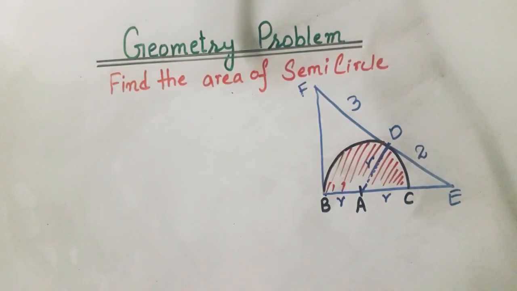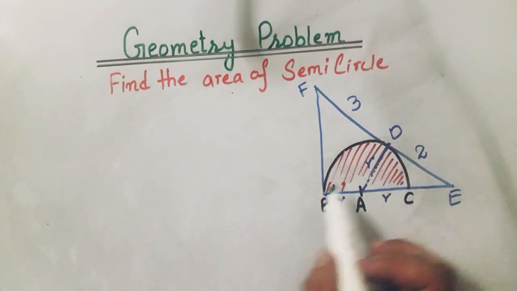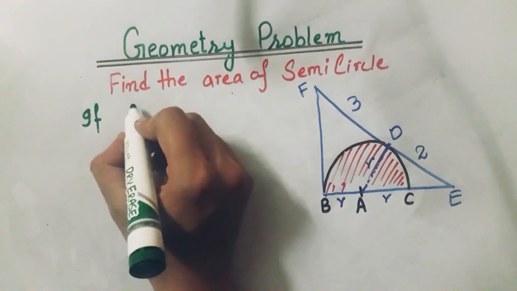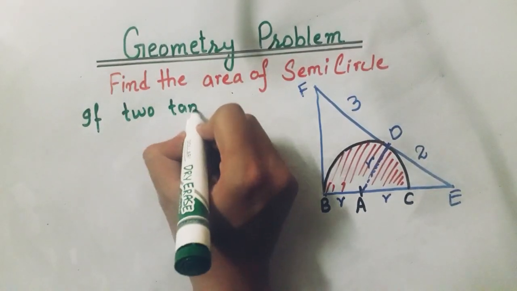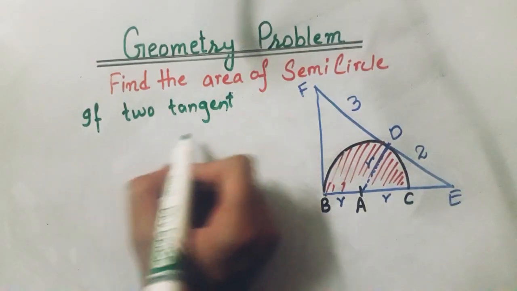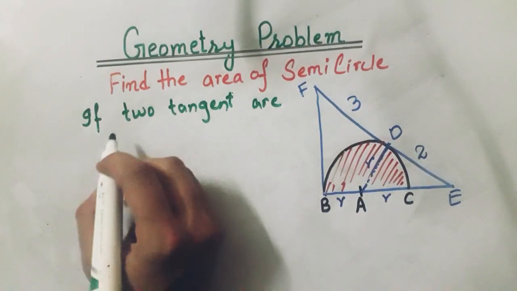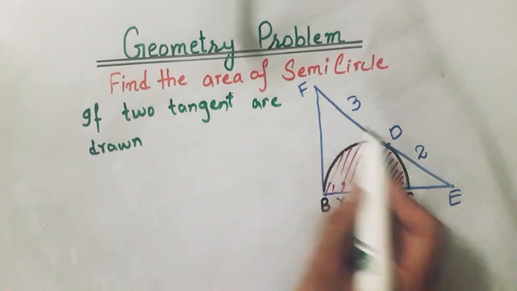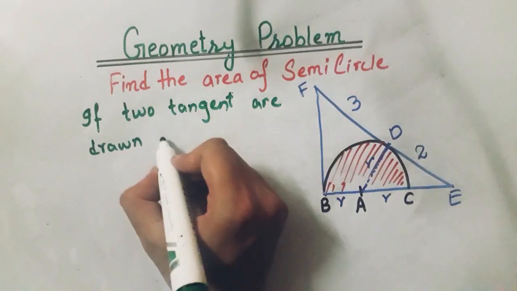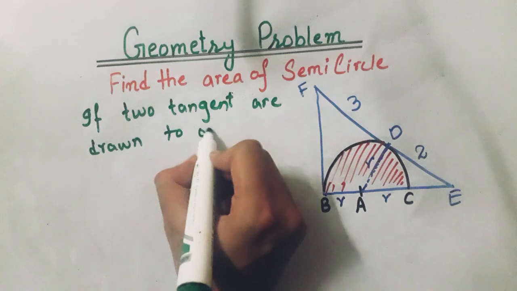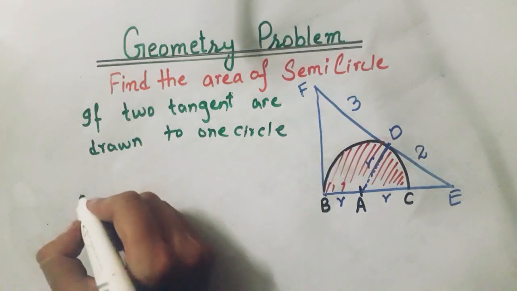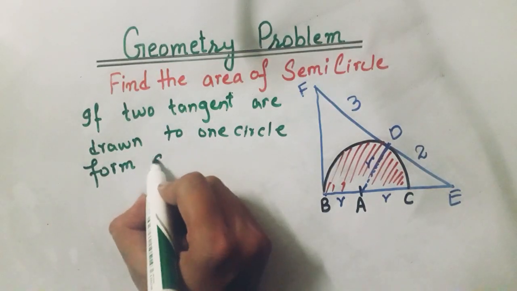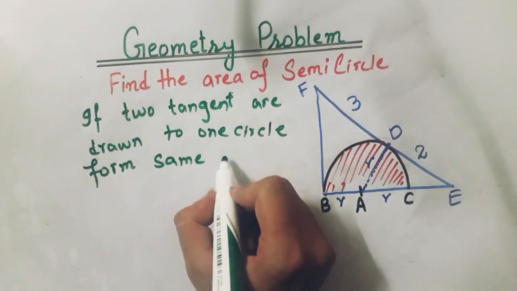And now first of all we can see, according to the tangent rule, if two tangents are drawn, these are two tangents FD and FB, drawn to one circle from the same external point.